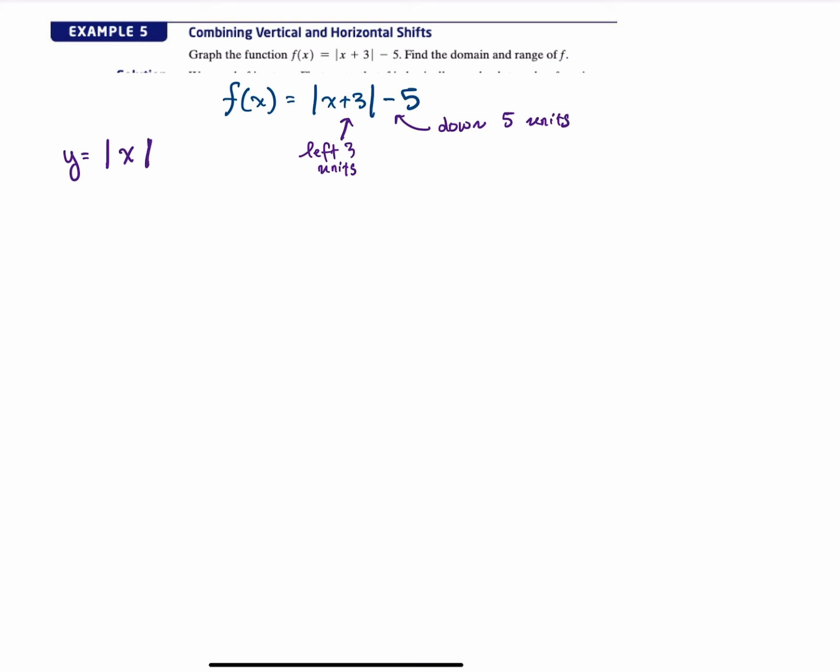So we could do this in 3 steps. Let's try to do it in 2. Let's first just picture absolute value of x, just to remember what it looks like. It's our V shape, if you remember. So we'll have the point 0, 0. Absolute value of 0 is 0, absolute value of positive 1 is 1. We basically get a line going in the positive direction.